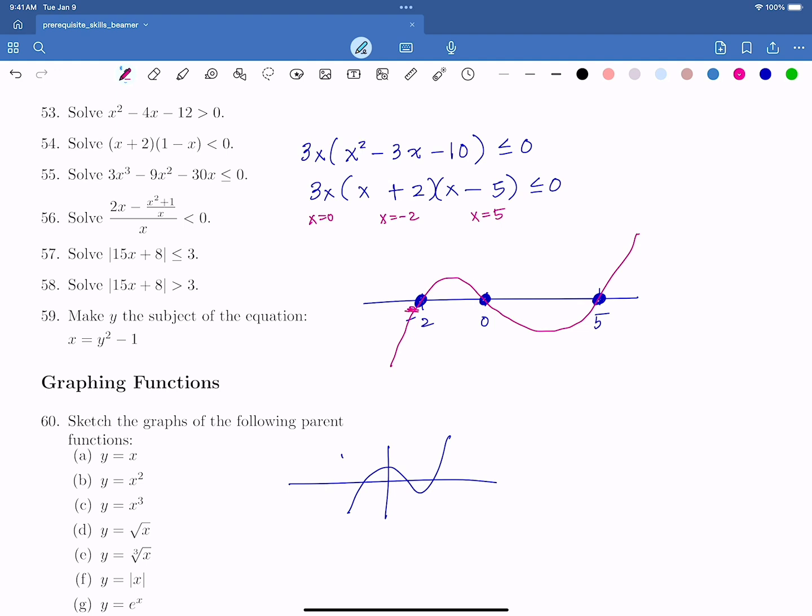Here, less than, here, less than, and then we see where it's equal to 0 as well. So the solutions: x less than or equal to -2, or x between 0 and 5. So 0 less than or equal to x less than or equal to 5.